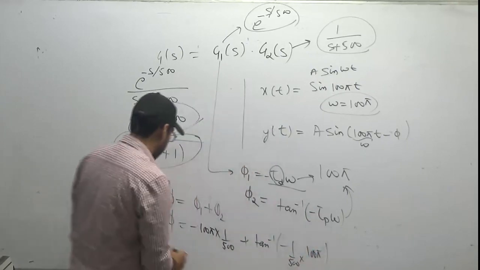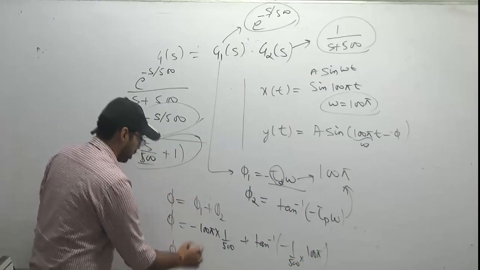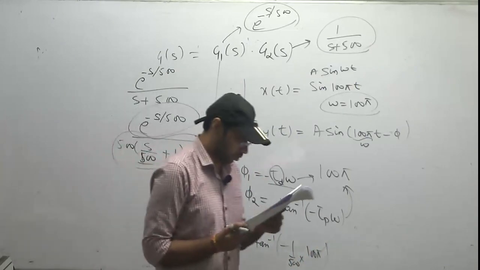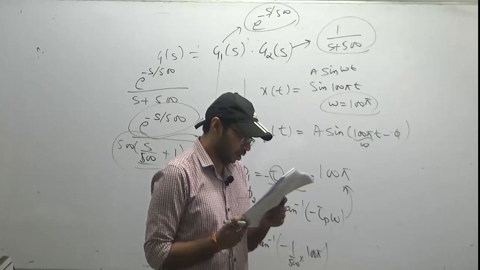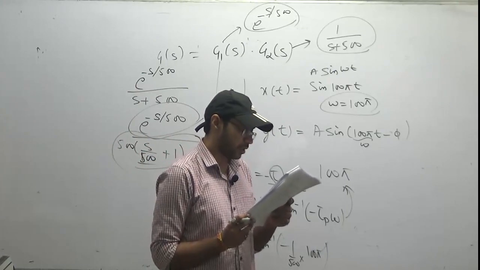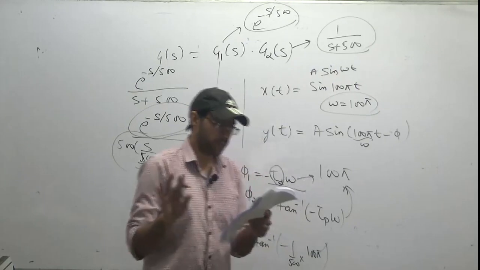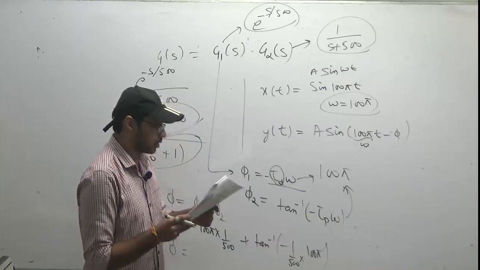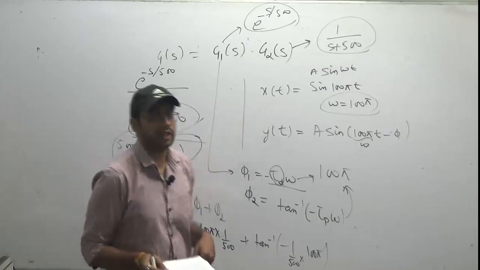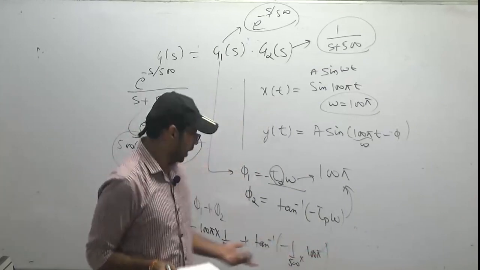Now on solving this one, phi, you will get, so they have given the answer, 68.13 degree. On solving, you get the answer in radian. Convert this into degree, you will get the answer.